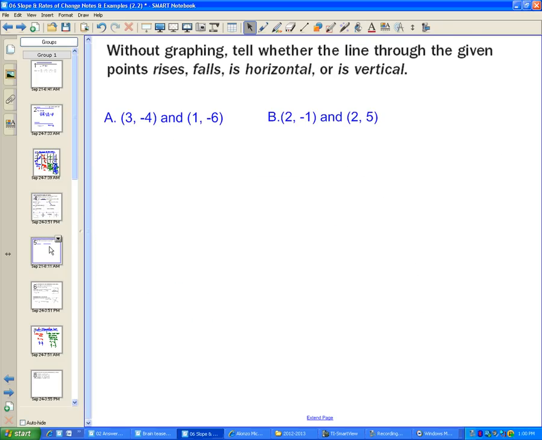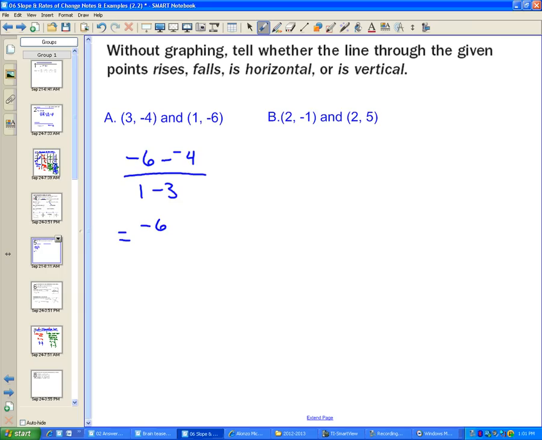So, as I flip through my notes: without graphing, tell whether the lines through the given points rise, fall, are horizontal, or vertical. Let's try this. So my first one, I want to find the slope. -6 minus -4 divided by 1 minus 3.